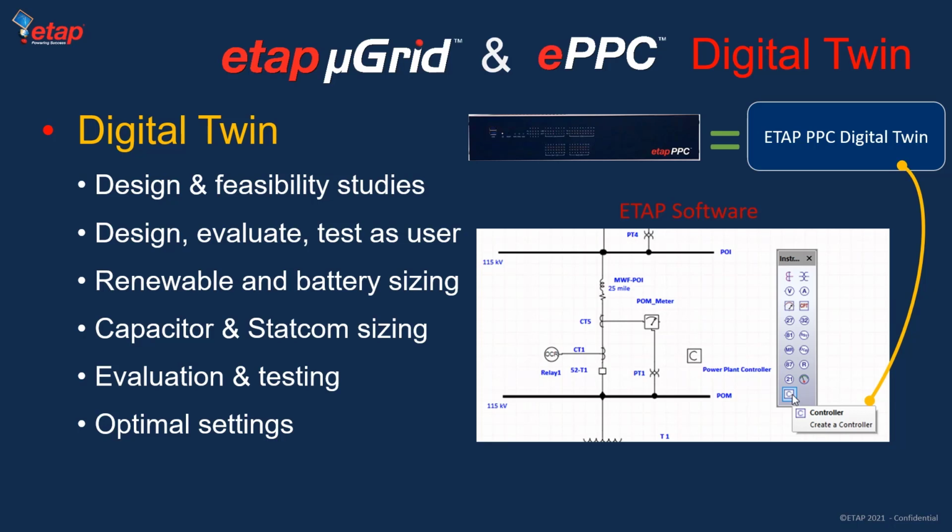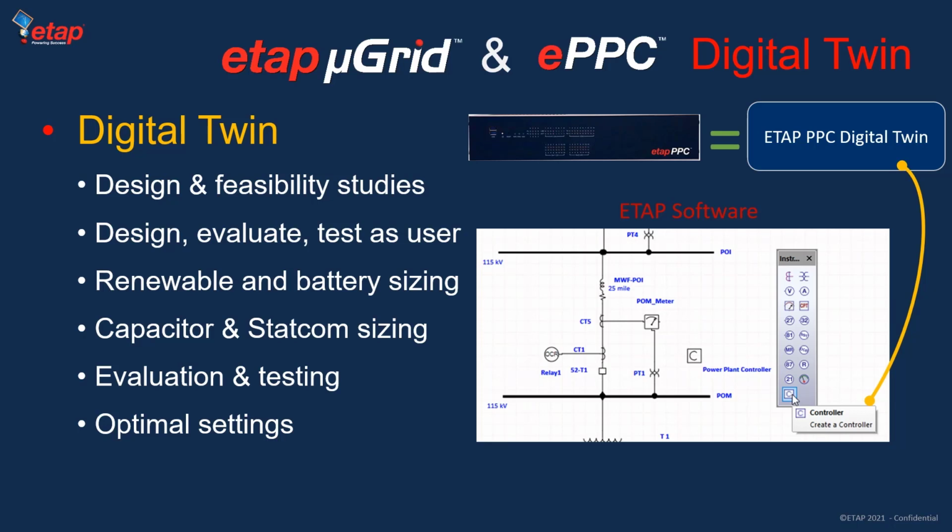As a user, we need to understand the capabilities of each of these components in the microgrid or the power plant. Also, we need to look at renewables, as I mentioned, solar, wind, hydro, and also look at the energy storage size, like battery sizing. It's important to be able to do battery sizing. This is all performed within the ETAP Digital Twin model.